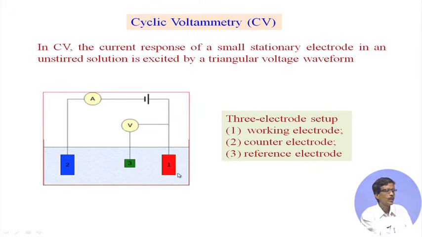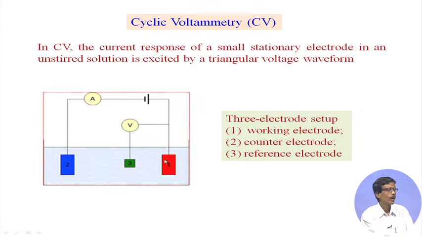As I told you, the working electrode is measuring your potential, E or V. So the working electrode is responsible for the measurement of V. This is one such circuit.